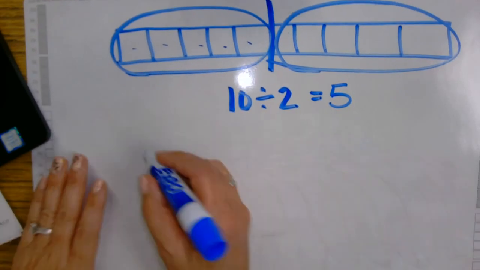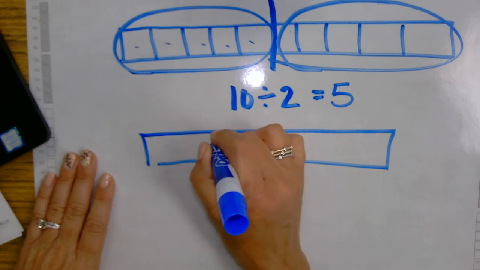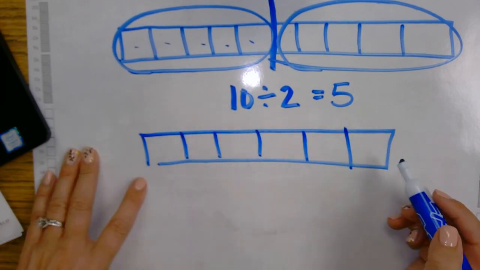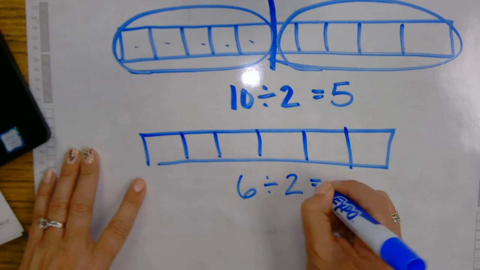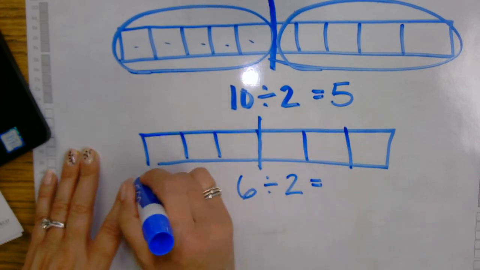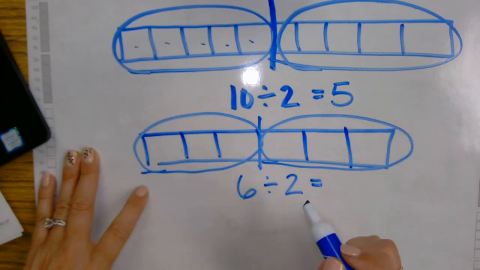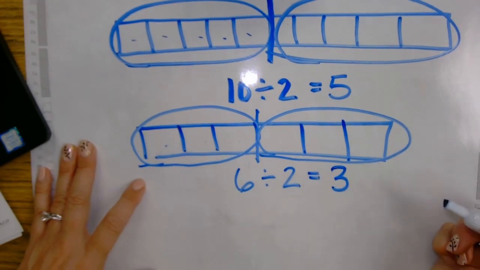All right, now, what if I have 6? I have 6 pieces, and I'm going to divide 6 by 2. So I'm going to divide it into 2 equal pieces. How many are in each piece? 1, 2, 3. There are 3 in each piece.